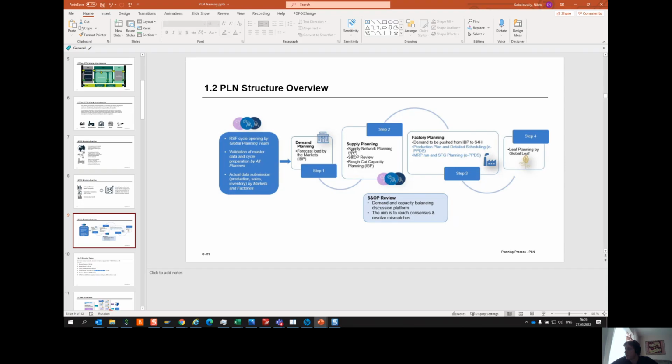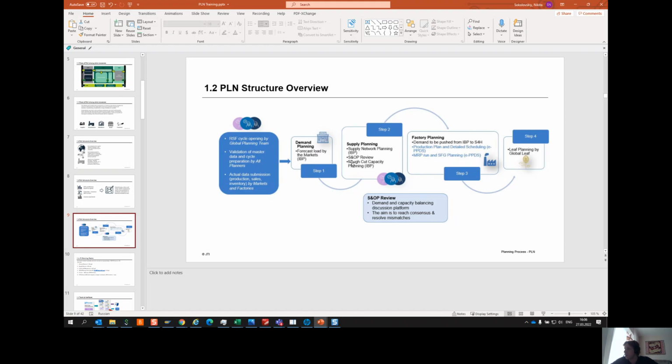Both demand and supply planning steps are mostly conducted in IBP. I will talk about it a little bit later. This is a new system introduced a year ago, called Integrated Business Planning. It is a cloud-based system interconnected with SAP.